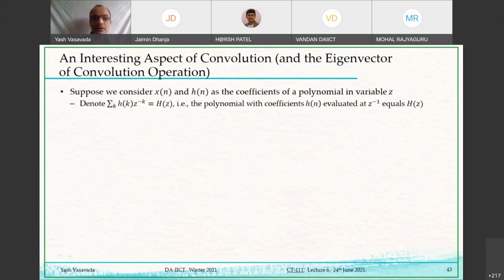Let us look at it. So h of z, I'm going to make it a full polynomial in z, and for some reason, I have made it h of k times z to the power minus k. It's just a notational thing. Don't worry too much about it. The main point is that this h of z is like our q of z. I'm just writing it as a polynomial in variable z.